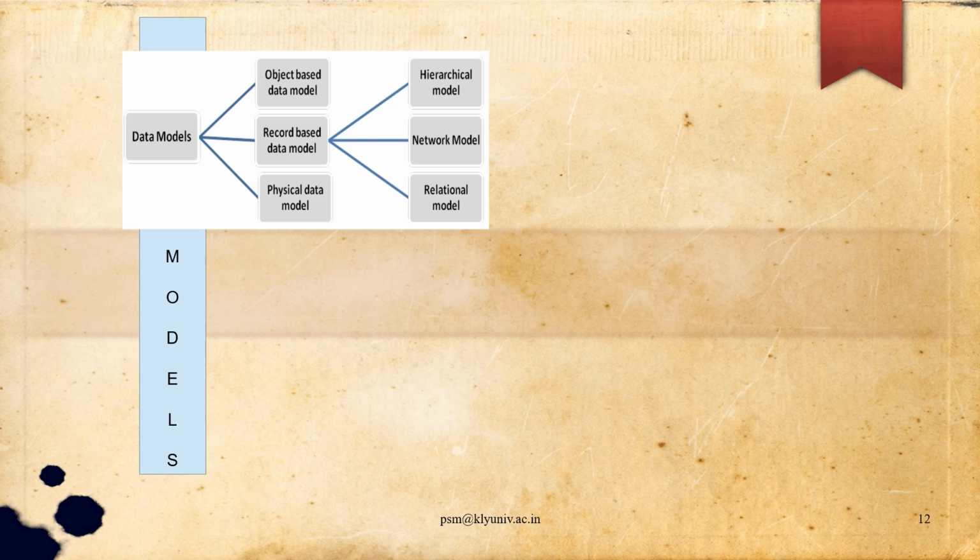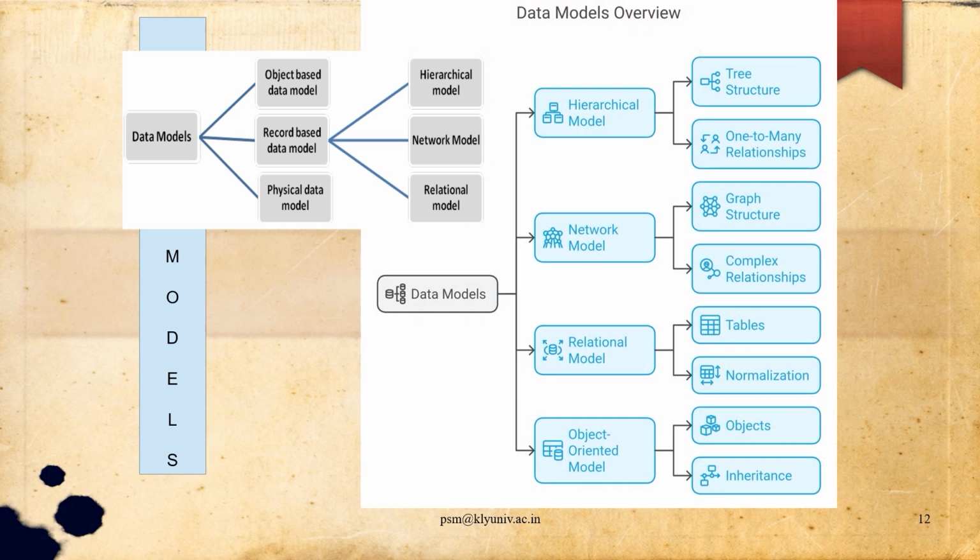It can be of different kinds, but we are interested in the record-based data model. And the record-based data model can again be divided into three parts: hierarchical model, like the operating system; network model, like our age-old CDS/ISIS software, or WinISIS software, which is based on the network model. And the latest one in this series is the relational model. You can see the hierarchical model follows a tree structure. The network model basically manages different kinds of blocks, file-to-file relationships.